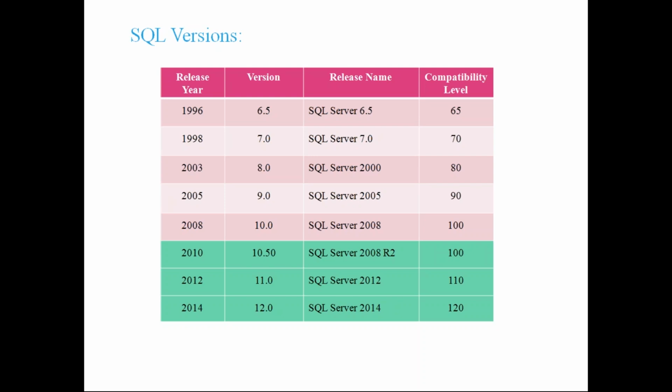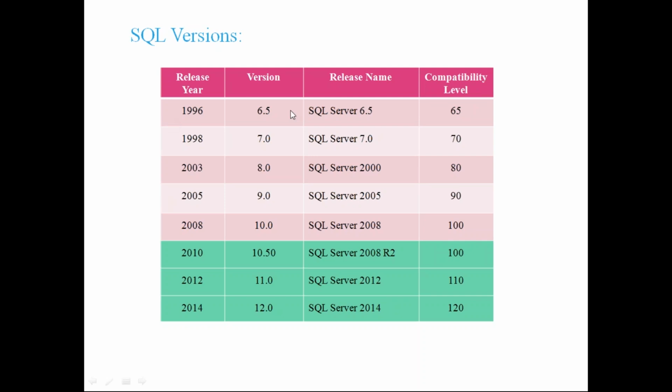Microsoft released the first SQL version as 6.5. The first column gives you the release year, in which year the version was released, the second is the version number, the third column is the release name that Microsoft has given to that software, and the last one is the compatibility level, which is very much about the SQL technology.